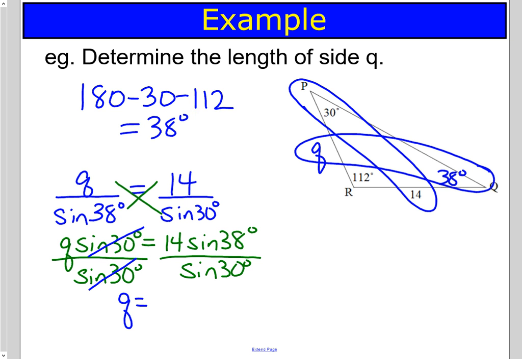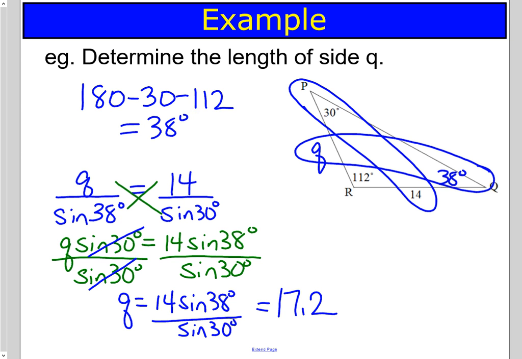So Q is equal to 14 sine 38 over the sine of 30. And again, in my calculator, I'm going to say 14 sine 38 and hit equals, divided by the sine 30 and hit equals, and I get 17.2. So side Q is 17.2.